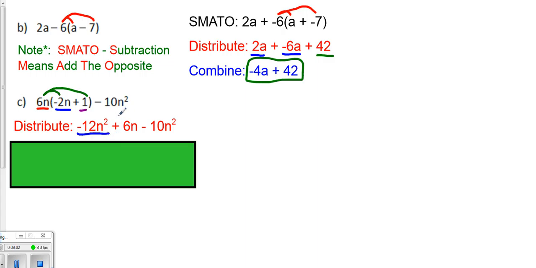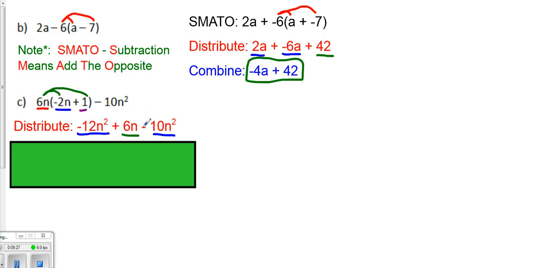This first term right here, we'll cut it off at that plus sign, negative 12n squared. We can only combine this with n squareds, not n's. This 6n does not have a squared, so this is a completely different kind of term. We cannot combine these ones. However, 10n squared can be combined with negative 12n squared.